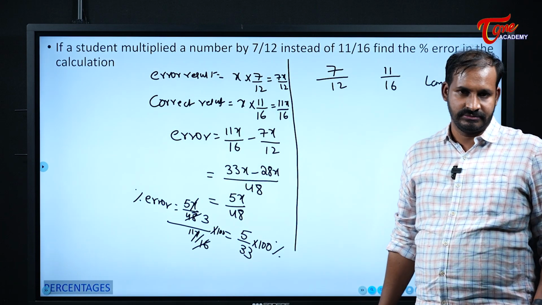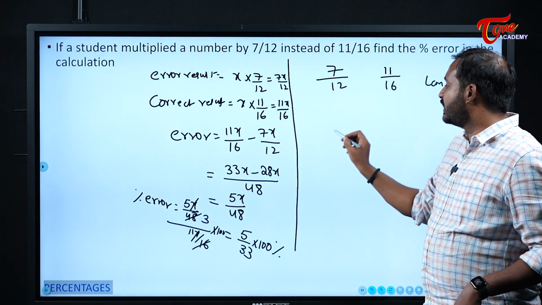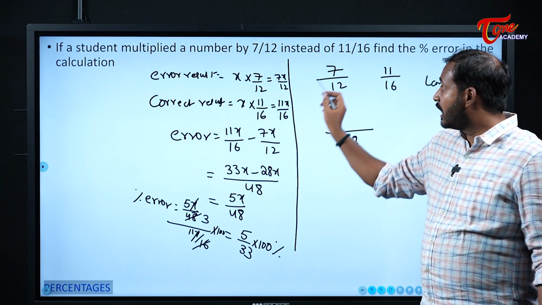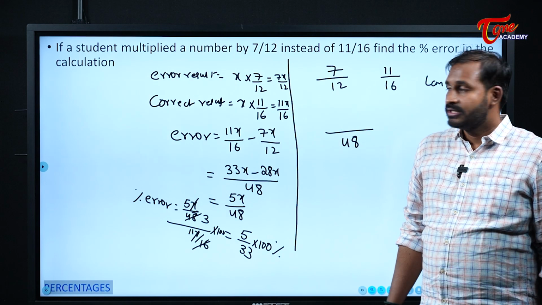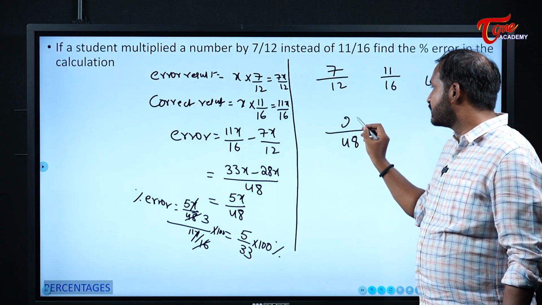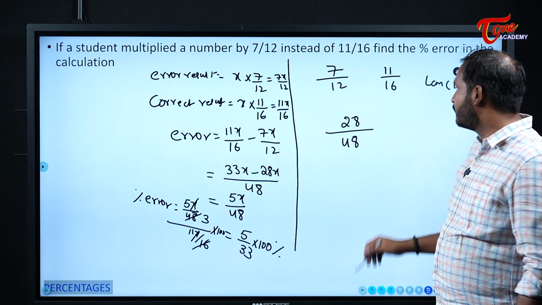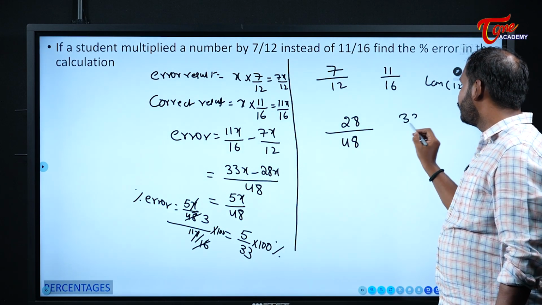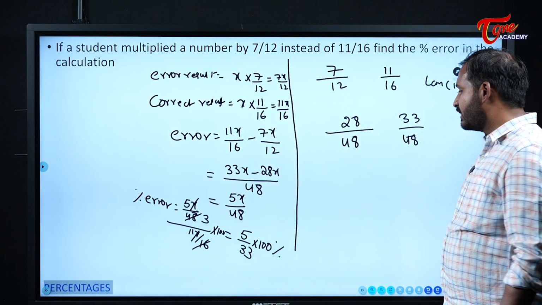It is 48. If I equate this base with 48, I multiplied it with 4, so multiply the same with 7 also. It will become 28 by 48. And for the other, 33 by 48.